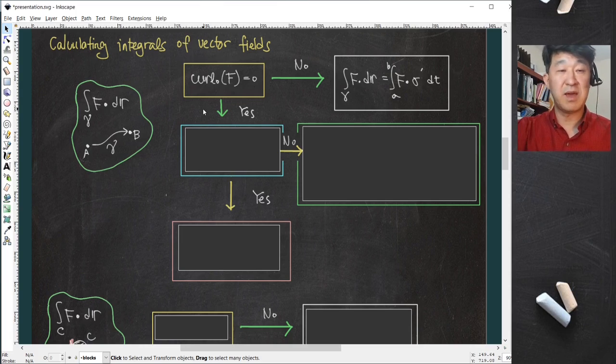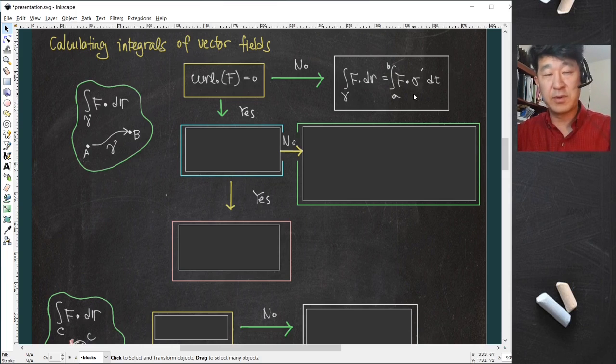If it is in two-dimensional space, or a curve sitting inside three-dimensional space, it goes exactly the same. Here is a two-dimensional case. Curl is non-zero, then take that parameterization and put it in there, turn it into a one-variable dt integral, and go ahead and calculate that integral.